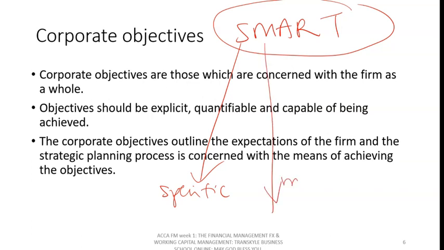They should be measurable, or quantifiable. For example, we need to achieve a gross profit margin of at least 20%. So if there is that measure, then the managers would know what to do, and they should also be able to measure if they are attaining that or not. It should be achievable.